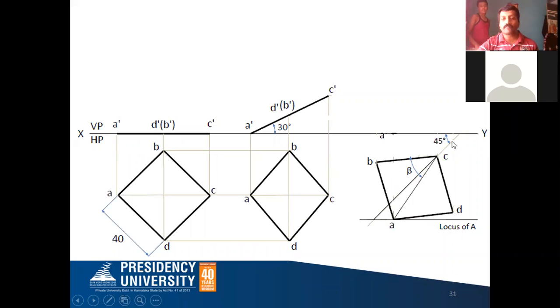So after drawing the 45-degree line here, what you have to do? First, the true length of your diagonal AC, you have to take this. So this initial position top view AC is nothing but your true length.